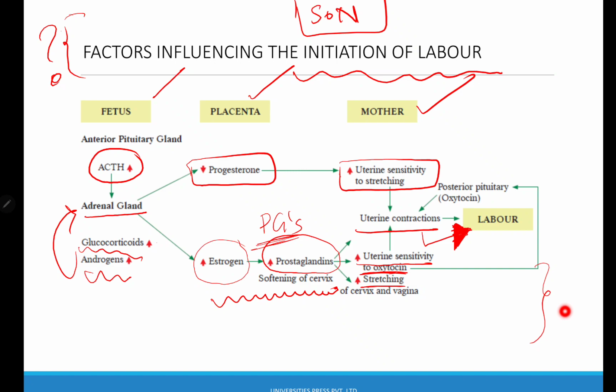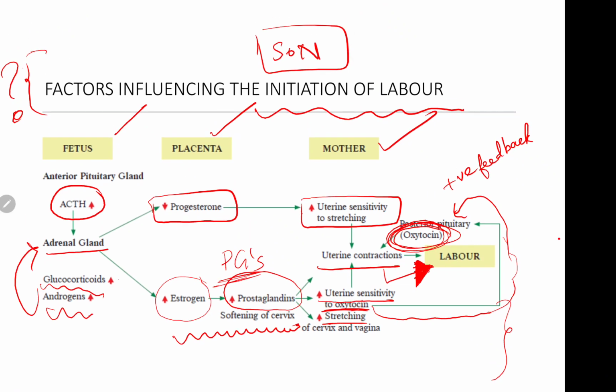A very important role of oxytocin is that it acts on the posterior pituitary, which gives a positive feedback. Because of this positive feedback, more oxytocin is released, and more oxytocin means more contractions. Therefore labor is going to occur.